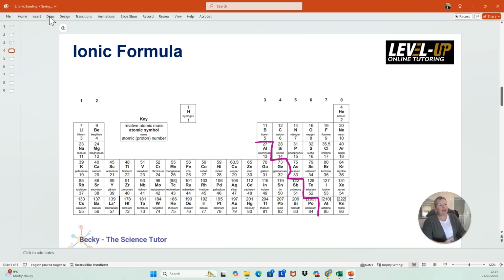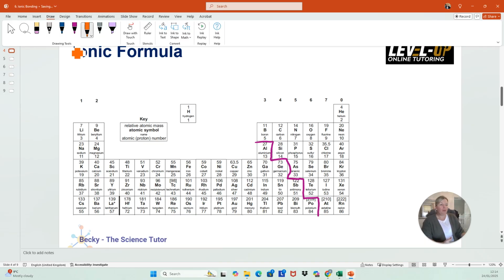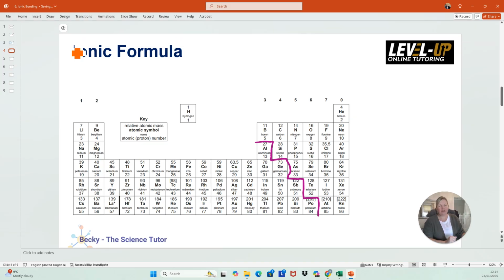And if we then think group 1 has got 1 electron in its outside shell, we know the metals because they're on the left hand side of the table, and therefore anything in group 1 is always going to become a positive 1 charge because it's going to lose 1 electron and have 1 more proton. So they're always going to become +1. On the back of that then, magnesium, that's because I've had that in my head as an example. Anything that is in group 2, including magnesium, will become a +2 ion.